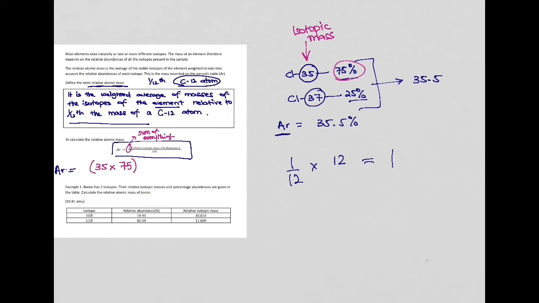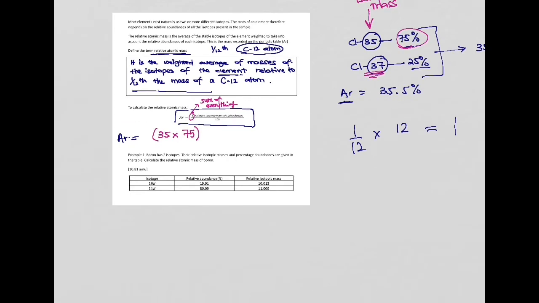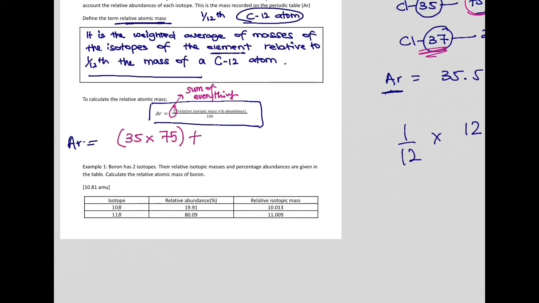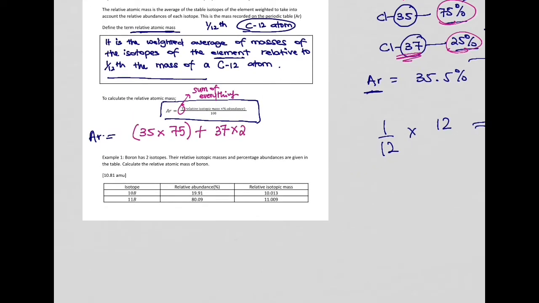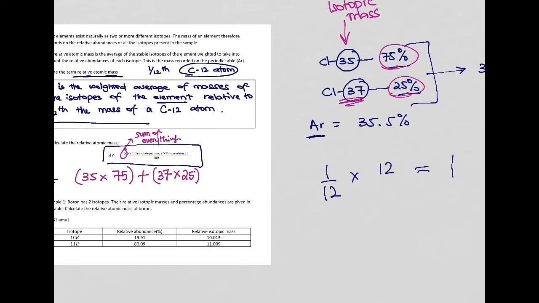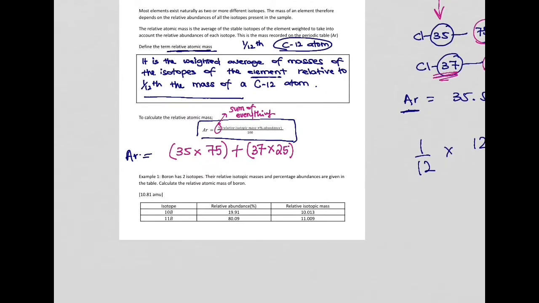The second isotope is chlorine 37, so we'll add chlorine 37. This is the mass of the second isotope times the abundance of the second isotope, which is 25. These are the only two isotopes that I'm mentioning for chlorine here, divided by 100.